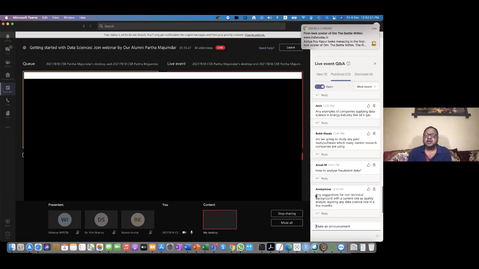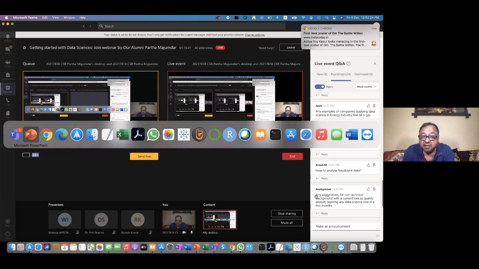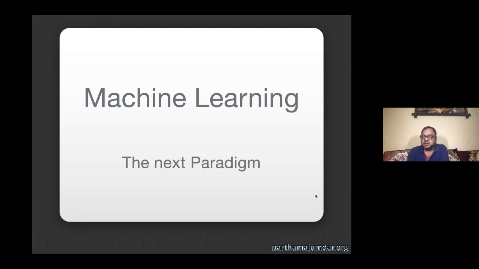Yes, if you're a quality analyst, you have a role: the people who develop data science products need someone to test them and check whether the products are good or not. That is a typical role, and I would not say it's totally non-technical, because that's also a technical aspect of product development. So that is a ready-made application of your knowledge in your current domain, without having to venture out anywhere.